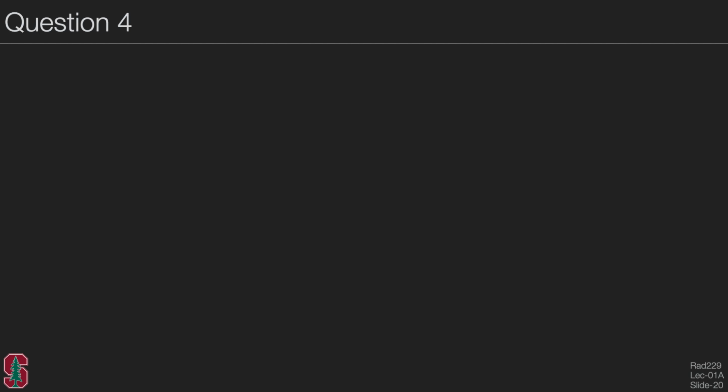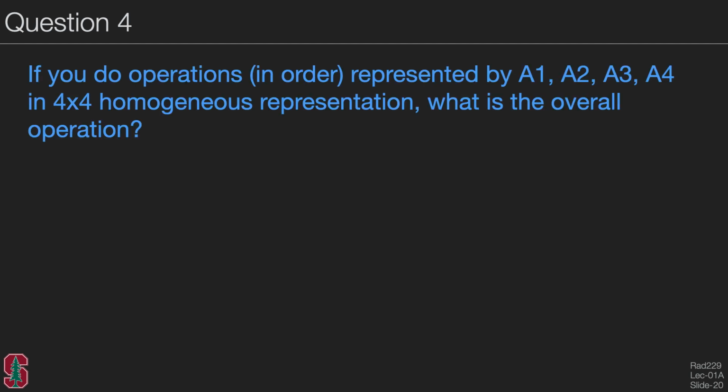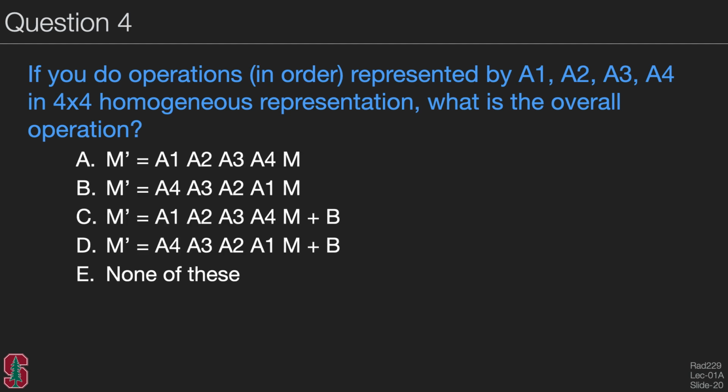So let's look at another example here. If you do operations in order represented by A1, A2, A3, and A4 in the 4×4 homogeneous representation, what is the overall operation here? What is the overall propagated A matrix? So here are your possible choices.